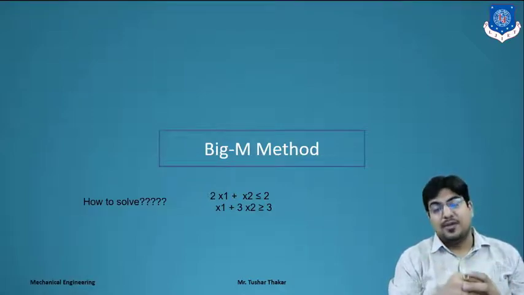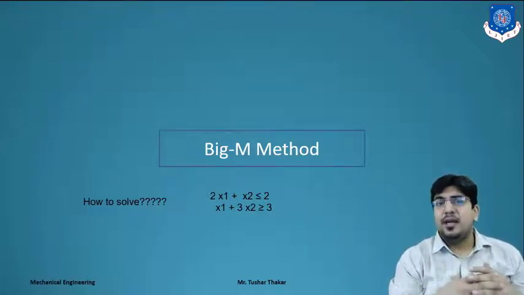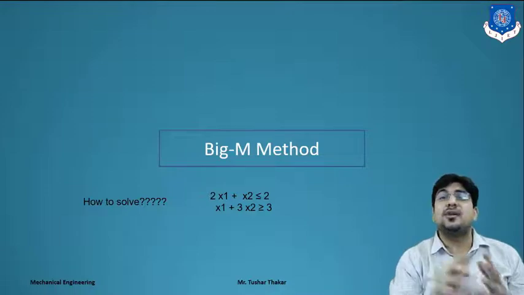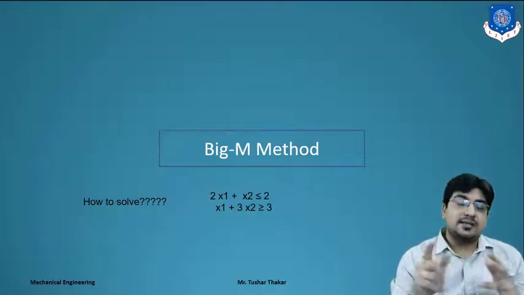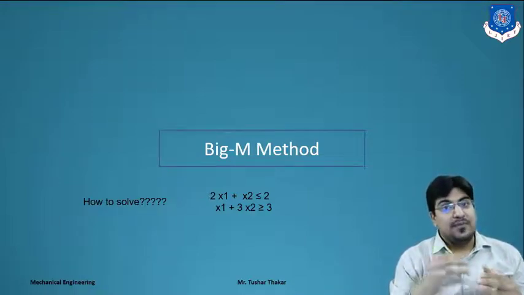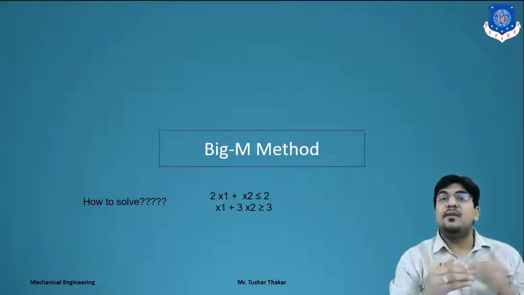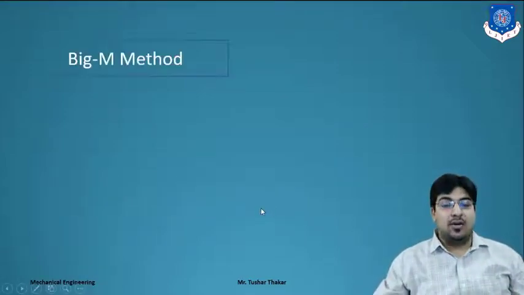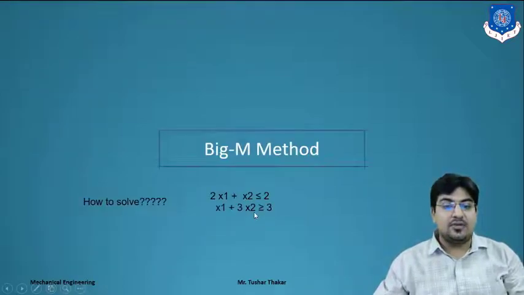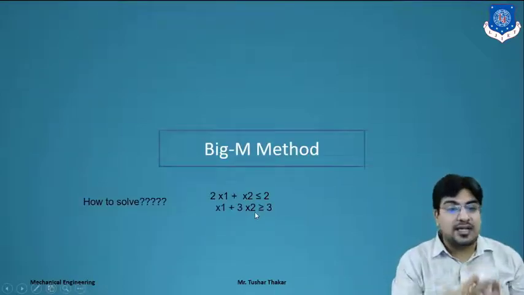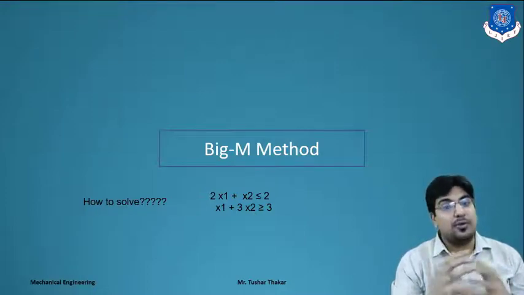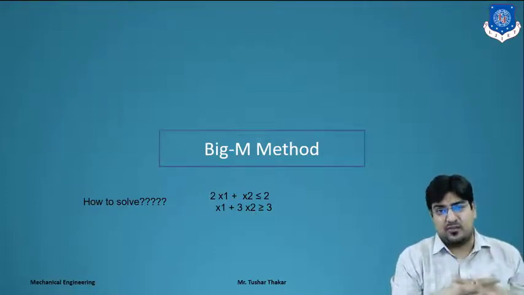But the question is, when do we use the big M method, when we can't solve a problem by the simplex method? In the simplex method, the inequality sign is always given as less than or equal to. But if the data mention a greater than or equal to sign, or only an equal to sign, you can't solve that problem by the simple simplex method.